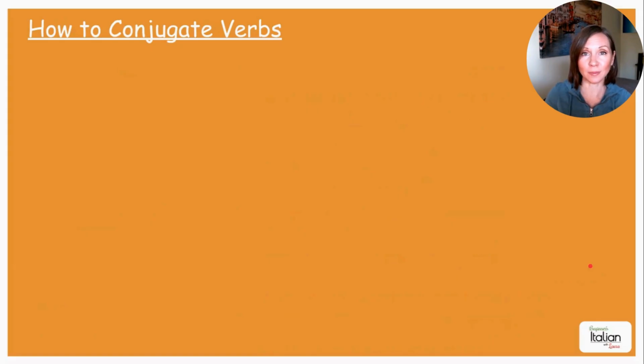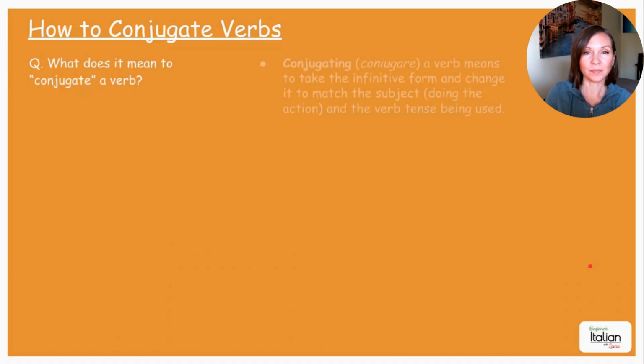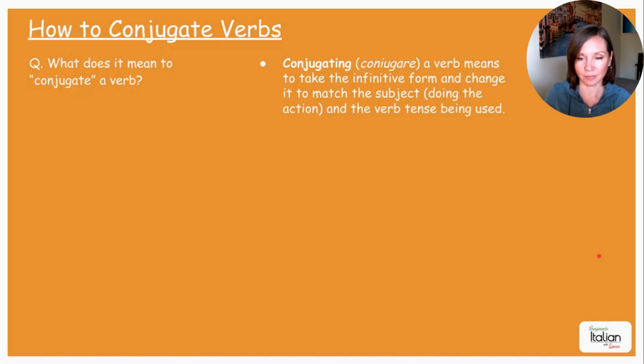How to conjugate verbs. So what does it mean to conjugate a verb? Conjugating, or coniugare, a verb means to take the infinitive form and change it to match the subject doing the action and the verb tense being used. Do we conjugate in English? That's a good question.